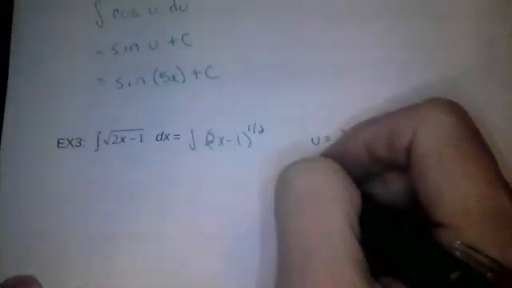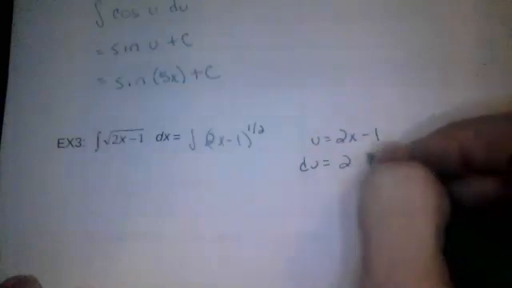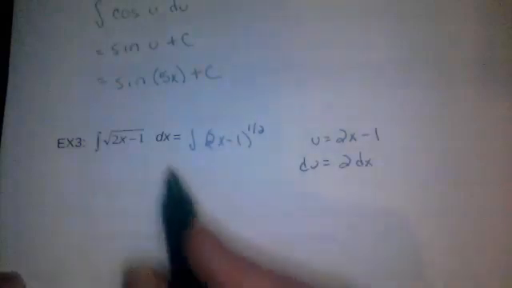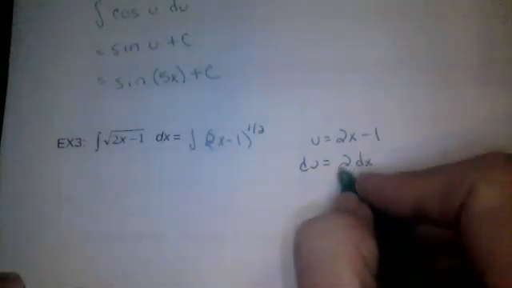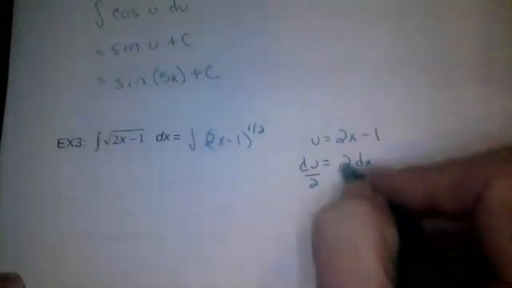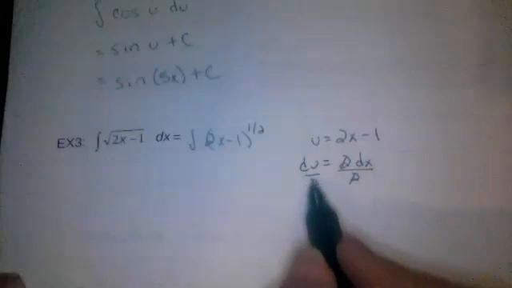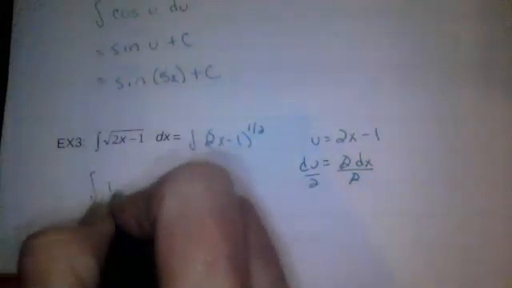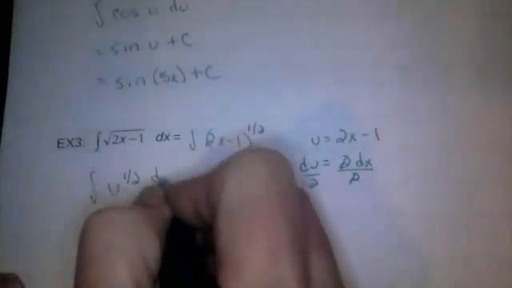So the derivative of u is going to be 2, move over the dx. So du is 2 dx. But we don't have a 2 dx. But remember, we can do some manipulation here, so I'm just going to divide through by 2. So dx is du over 2. So we have the integral of u to the 1/2 du over 2.